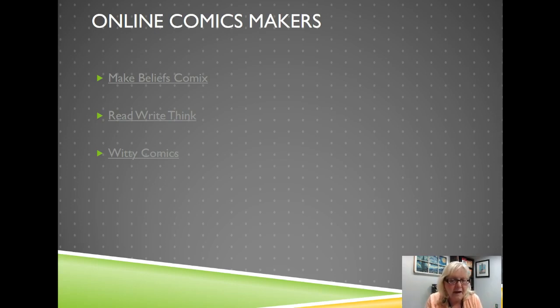You can't say a lot in those small comic boxes, and you can add technology this way. If you do it on paper, you can have the more artistic person participate that way, whereas the person who writes better participates that way if you put a group together. So there are different ways to use this. That is my spiel on graphic novels, and I will see you on the discussion board.